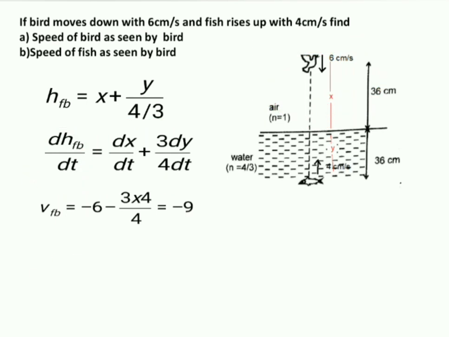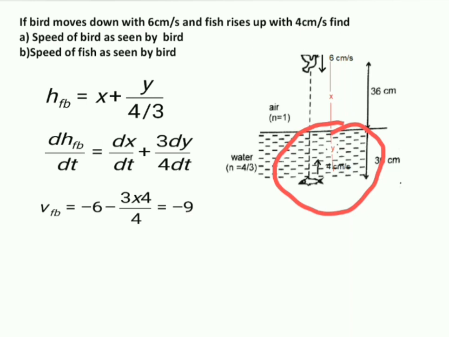So what is dx by dt value? Minus 6 plus 3 by 4 into dy by dt. Observe dy by dt. What is happening to y also when the fish is moving? It is decreasing. Since y is decreasing, x is also decreasing. Both are decreasing. Your answer comes out to be minus 9 meter per second.